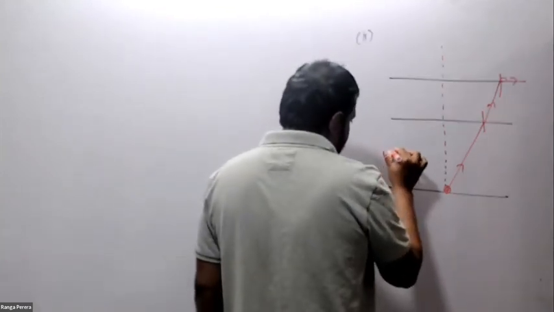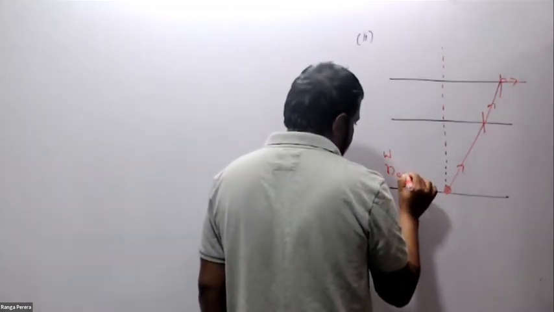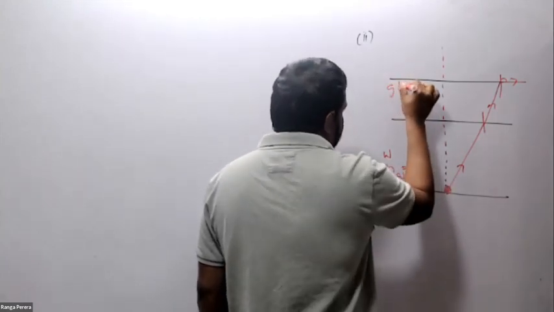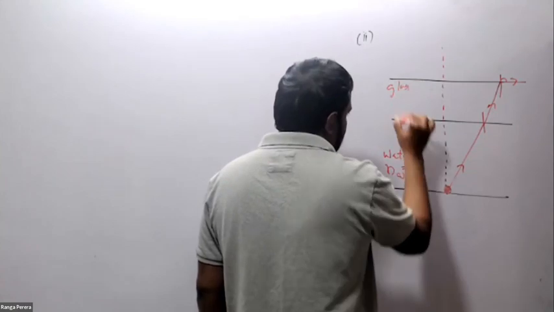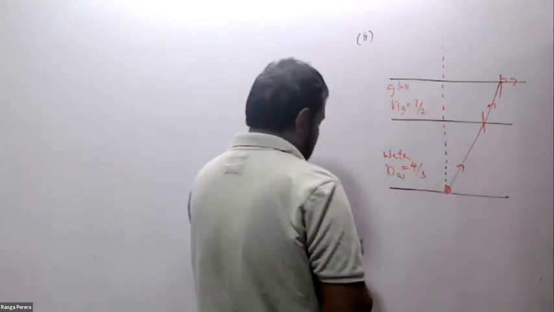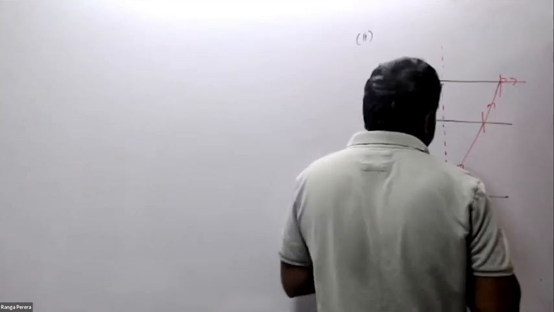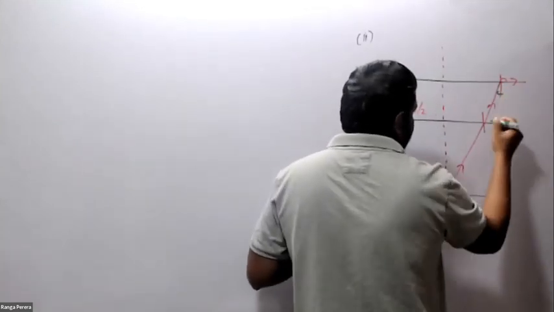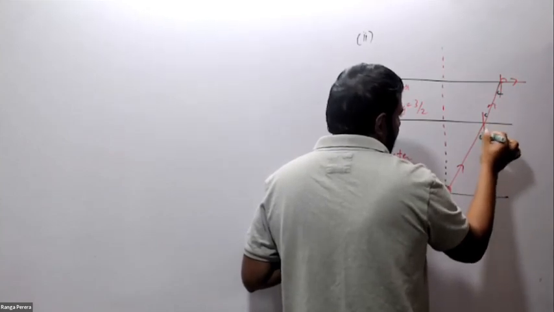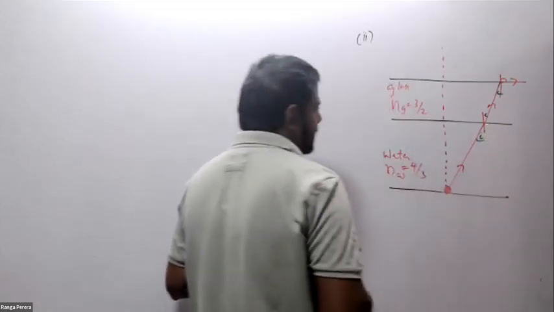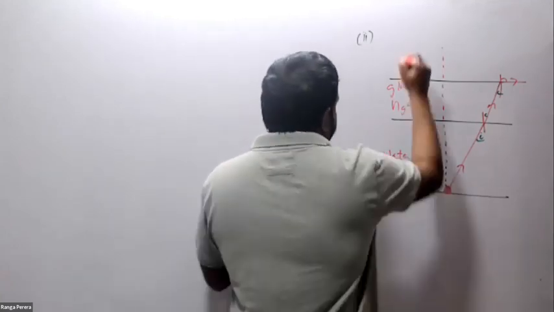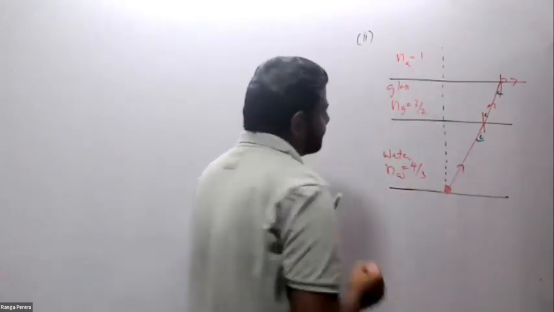Water refractive index equals 4/3. This is glass, in glass equals 3/2. This is the critical angle C. This must be C based on simple geometry. Let's say this is I. This is I. This is air medium, which is 1.